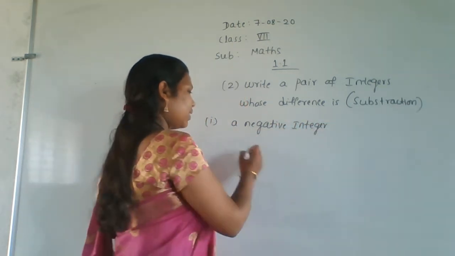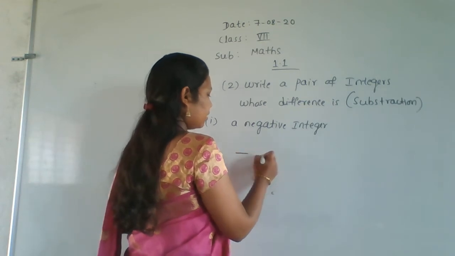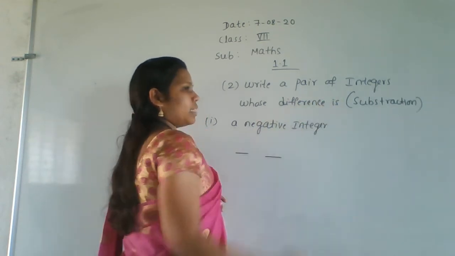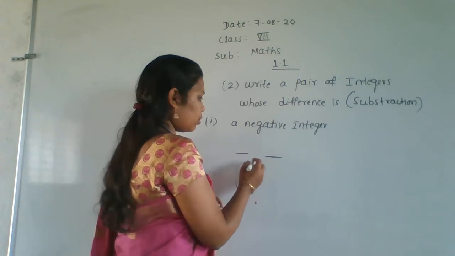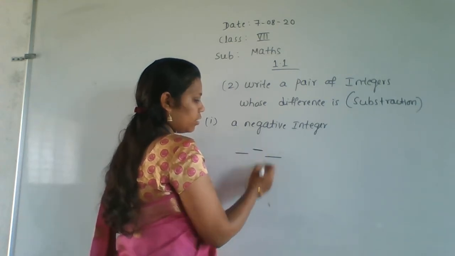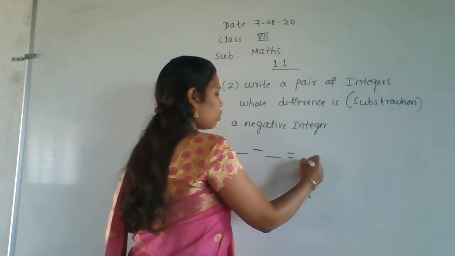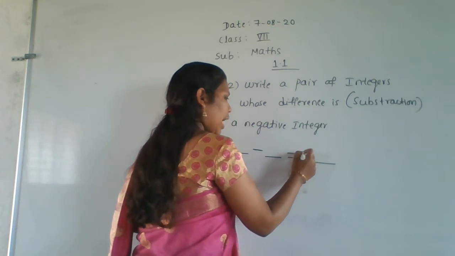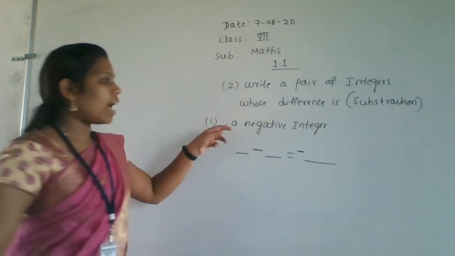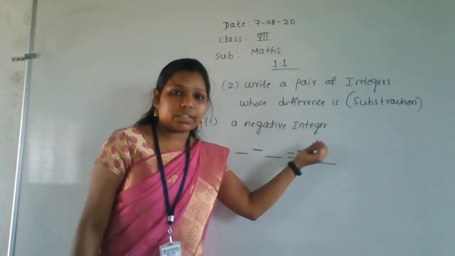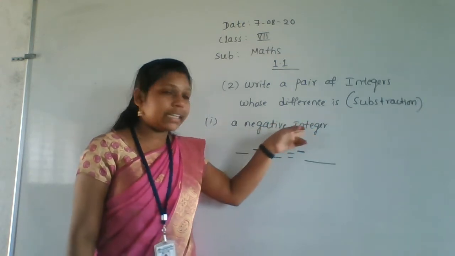So here I will write, see. They told subtraction, right? There is a difference, so I am putting a minus sign. It is equal to some value that also has the negative sign, because they asked for a negative integer. The answer should be a negative integer.